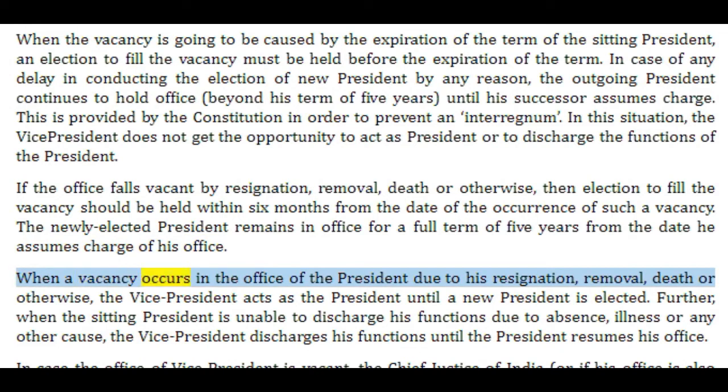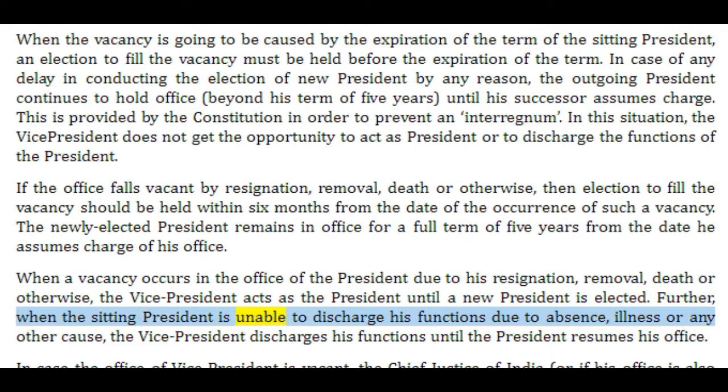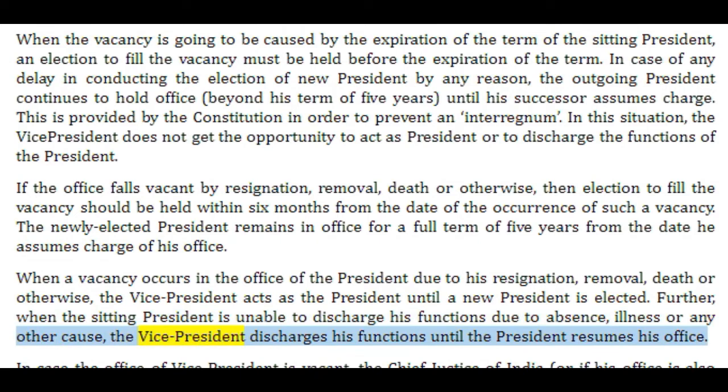When a vacancy occurs in the office of the President due to his resignation, removal, death or otherwise, the Vice President acts as the President until a new President is elected. Further, when the sitting President is unable to discharge his functions due to absence, illness or any other cause, the Vice President discharges his functions until the President resumes his office.